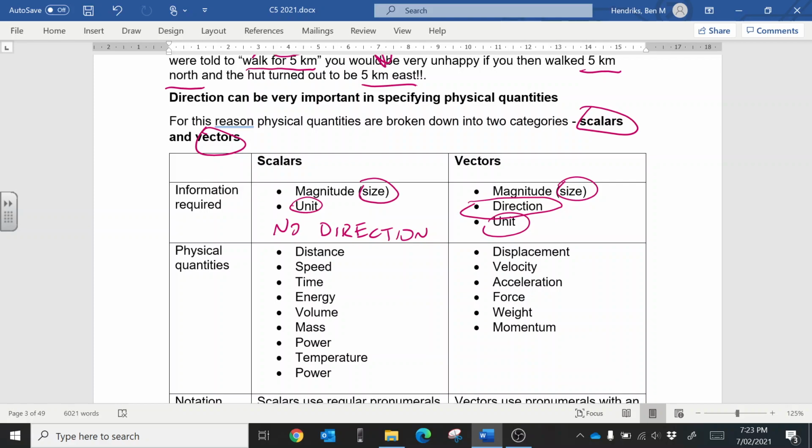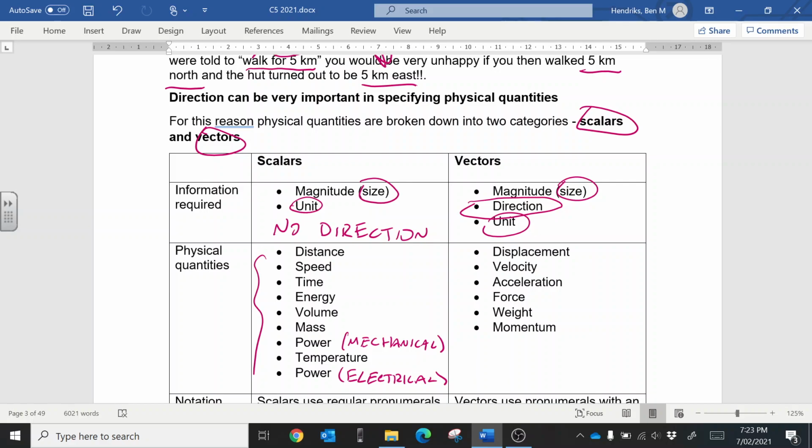Some examples of scalars are listed here. Distance, speed, time, energy, volume, mass, power, temperature, and power. The reason power is listed twice is because there are two types of power, mechanical power and also electrical power. We talk about them later in the course.